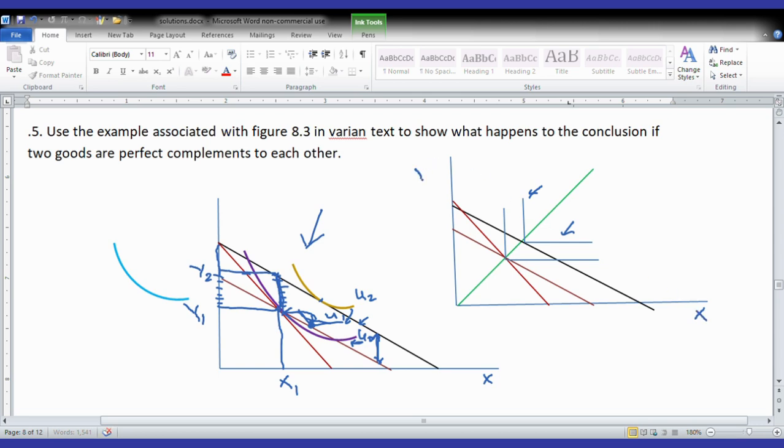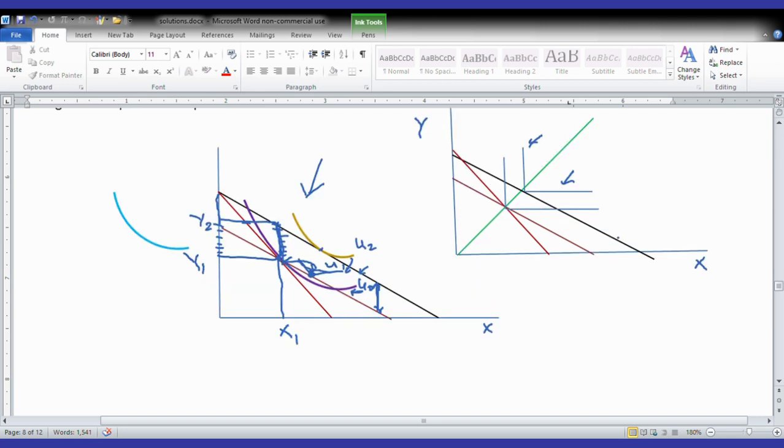It is for this reason that it is often claimed that if goods are perfect complements, then income tax and excise tax have the same loss of utility, so no excess burden is associated. This is an old paper from 1939 by Little, where this conclusion was drawn. So this was question number 5.